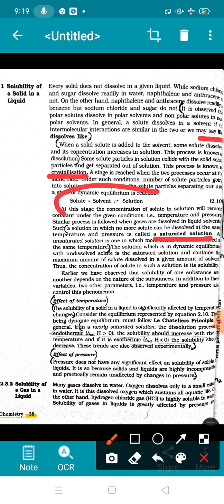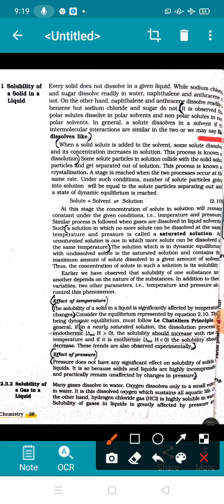You must see here that solute plus solvent is separated by a reversible arrow, which means they have formed a saturated solution and no more solute can be dissolved here. Now, what really happens when a solution is forming a saturated solution? The processes of dissolution and crystallization occur simultaneously at the same speed. As a result, no more solute dissolves in the solution.